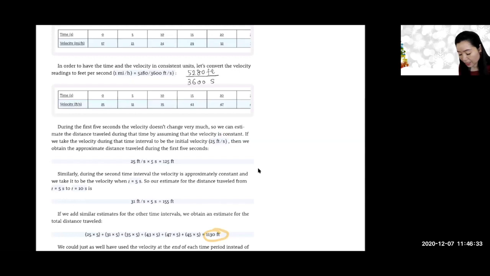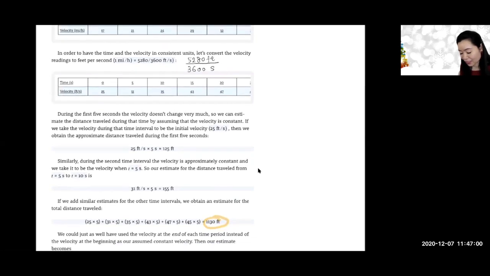You're going to take the velocity during that time interval to be the initial velocity, which is 25 feet per second. And then you multiply by the time, which is 5 seconds. Each time interval is 5 seconds. So rate times time gives you 125 feet. So in the first 5 seconds, you travel about 125 feet. And you do the same with the second one.